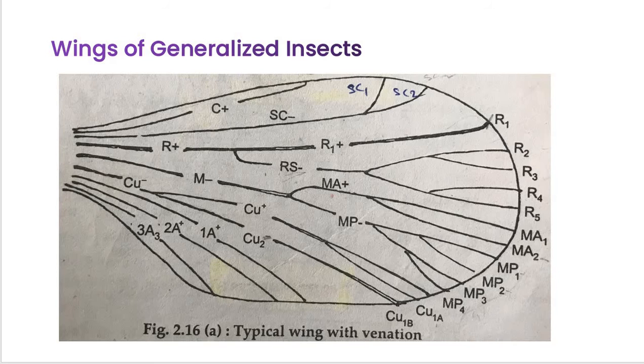Why? Because such veins are transparent and rib-like in appearance. Such veins are hollow, tubular, sclerotized structures, and they are typically provided with nerves and tracheae, and in such ways they circulate the blood, that is the hemolymph of the insect.